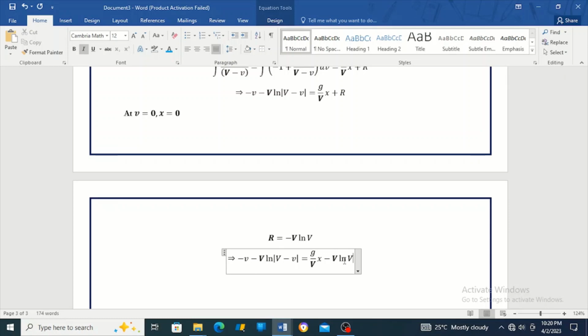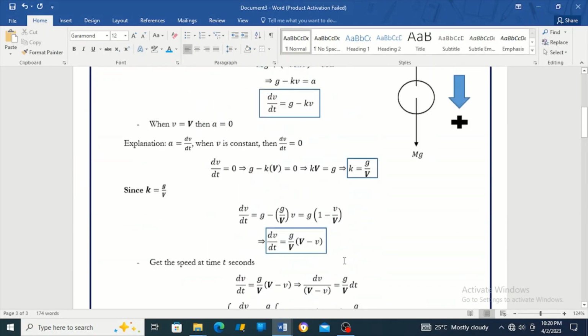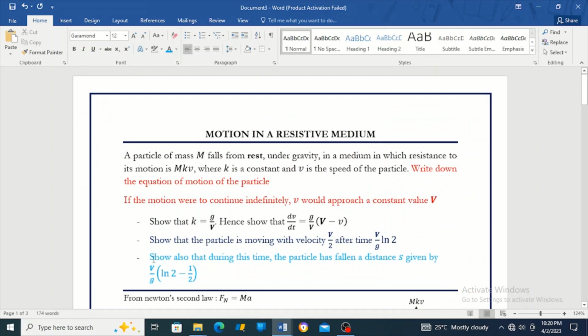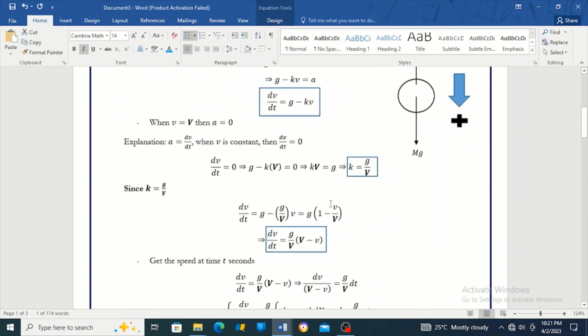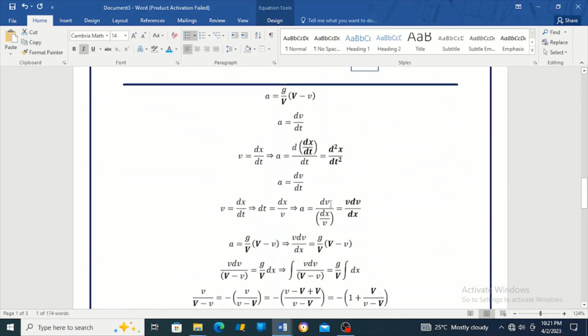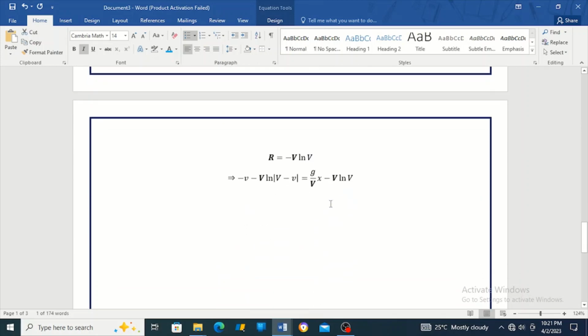Now we have to show that, let's see what we are showing. During this time taken above, you have fallen a distance of this. So we need to replace the velocity with this guy, because after this time taken, that's the velocity that we have. So we need to replace it with V on 2, and we replace our x with s.